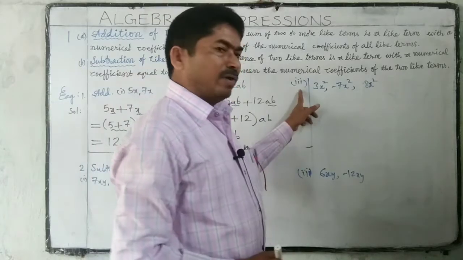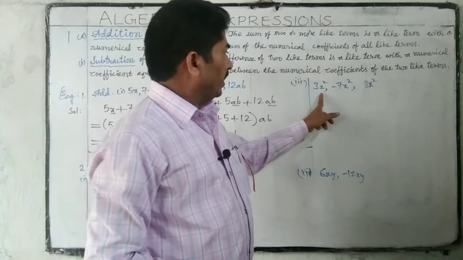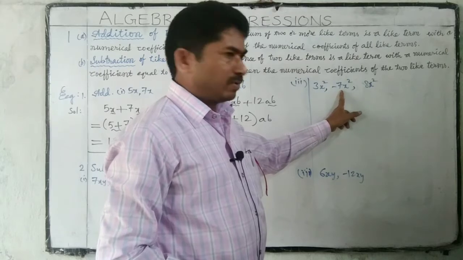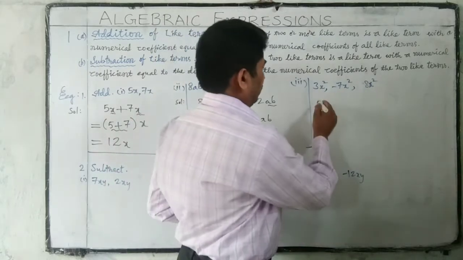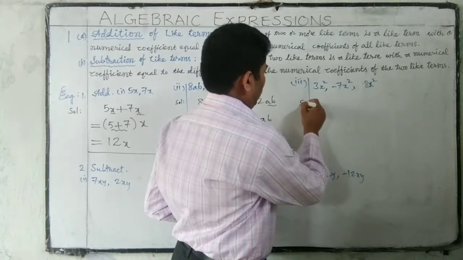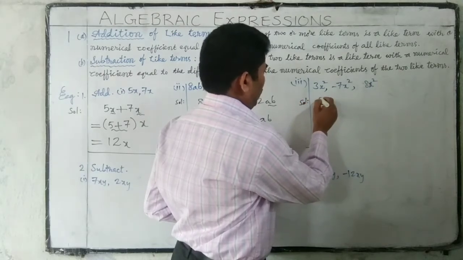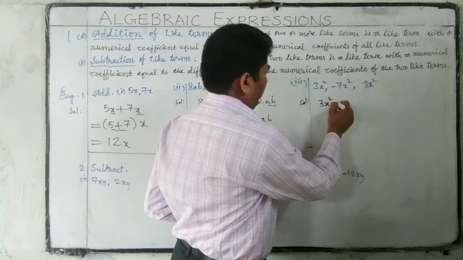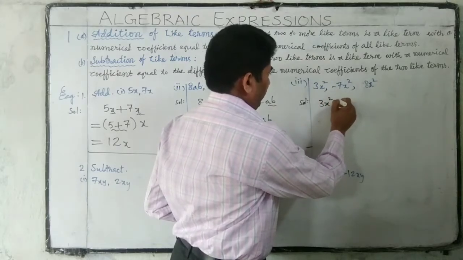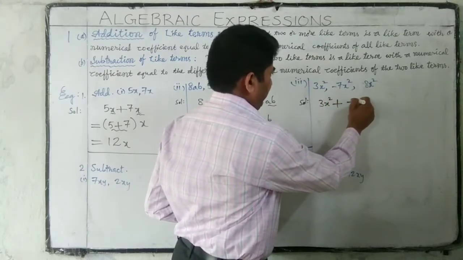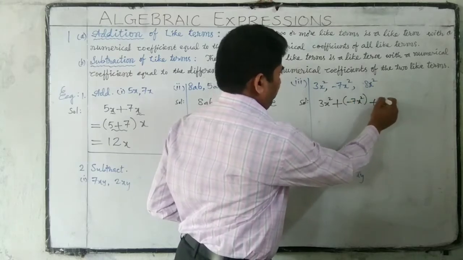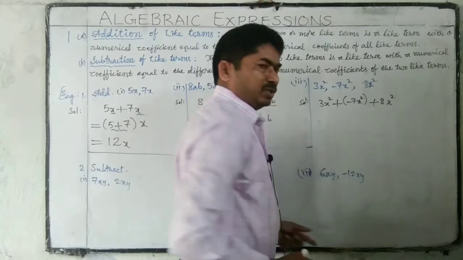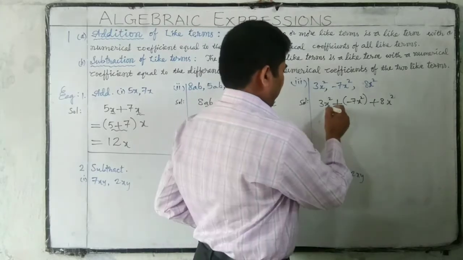Next, third one: 3x square plus minus 7x square plus 8x square. These all are like terms, we know.